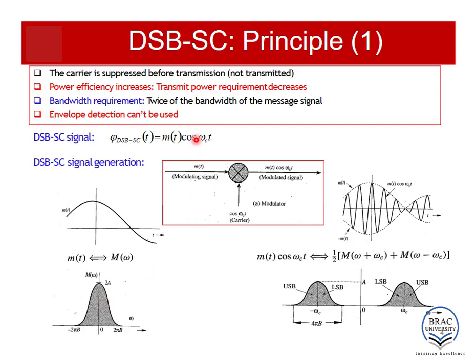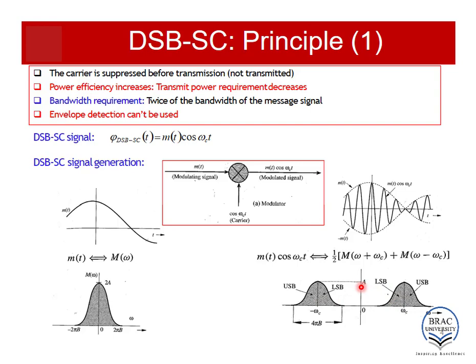The carrier frequency is ωc. So in the ω domain, this spectrum will be shifted to center frequency ωc and minus ωc. And as you can remember, the amplitude will now be half of the original amplitude. As you can see in this case, the amplitude was 2A, and in the modulated signal, the amplitude of each of these spectrums is A.